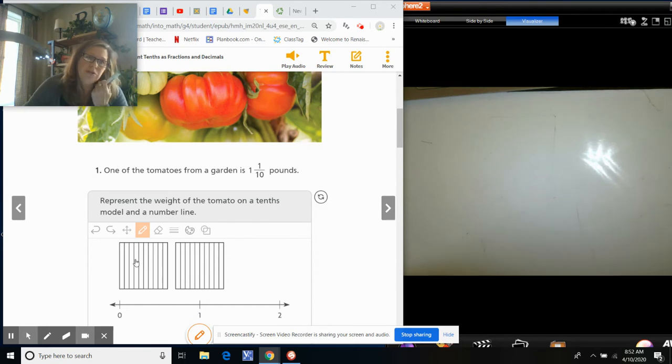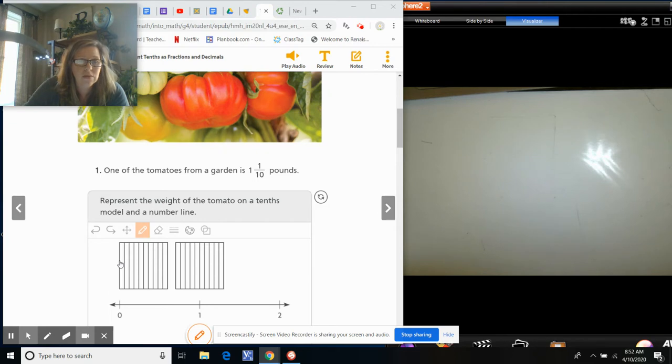So we have 2 equal boxes here. Notice how many parts they're broken into. 1, 2, 3, 4, 5, 6, 7, 8, 9, 10. Each one is broken into 10. Well, we can easily represent that 1 in this first box because 1 here is talking about a whole 1. So in this case, we're going to color in this whole box.